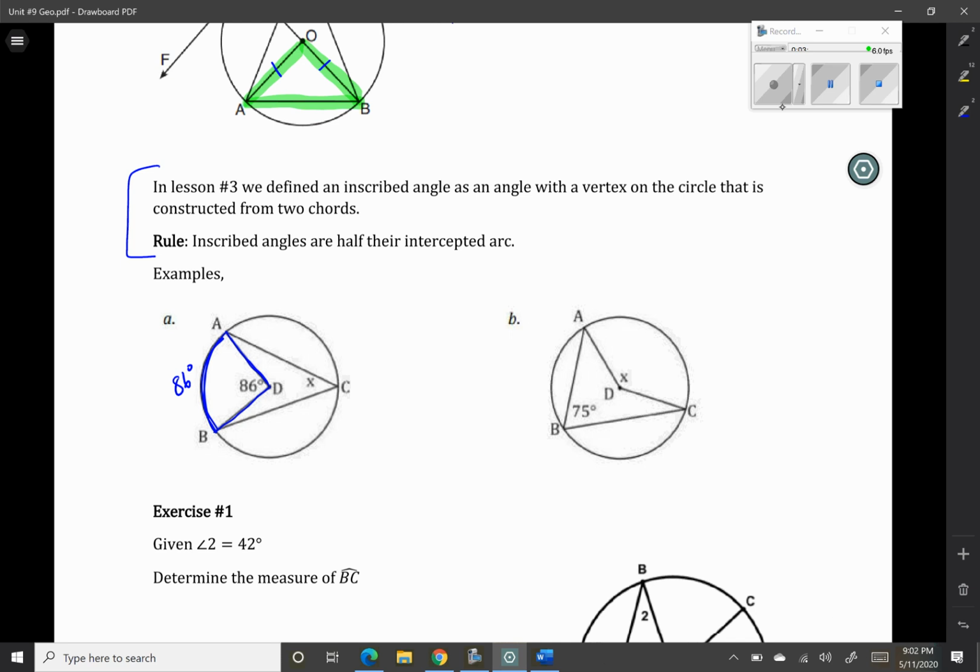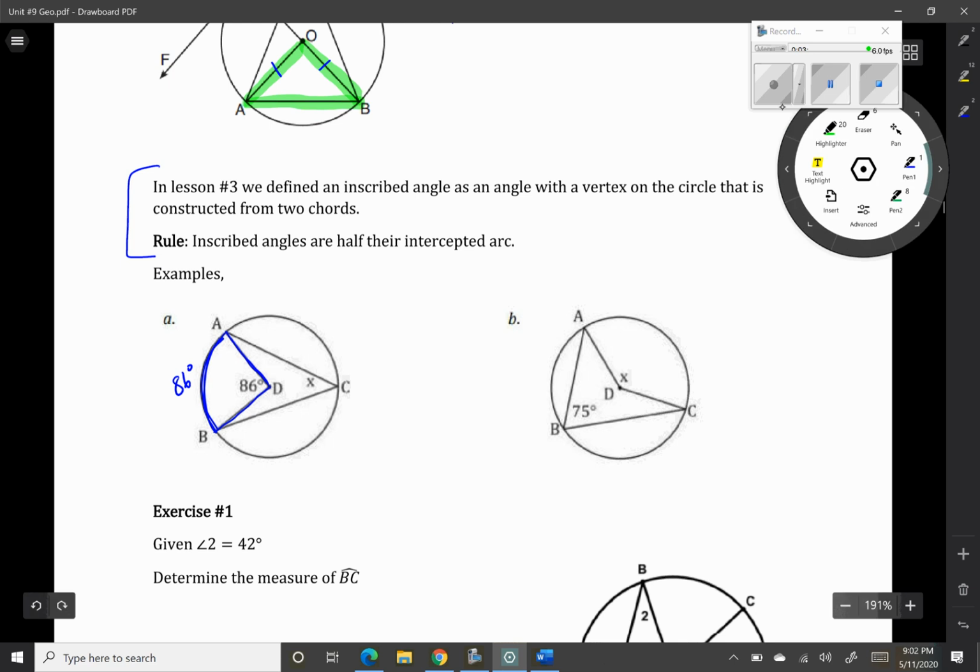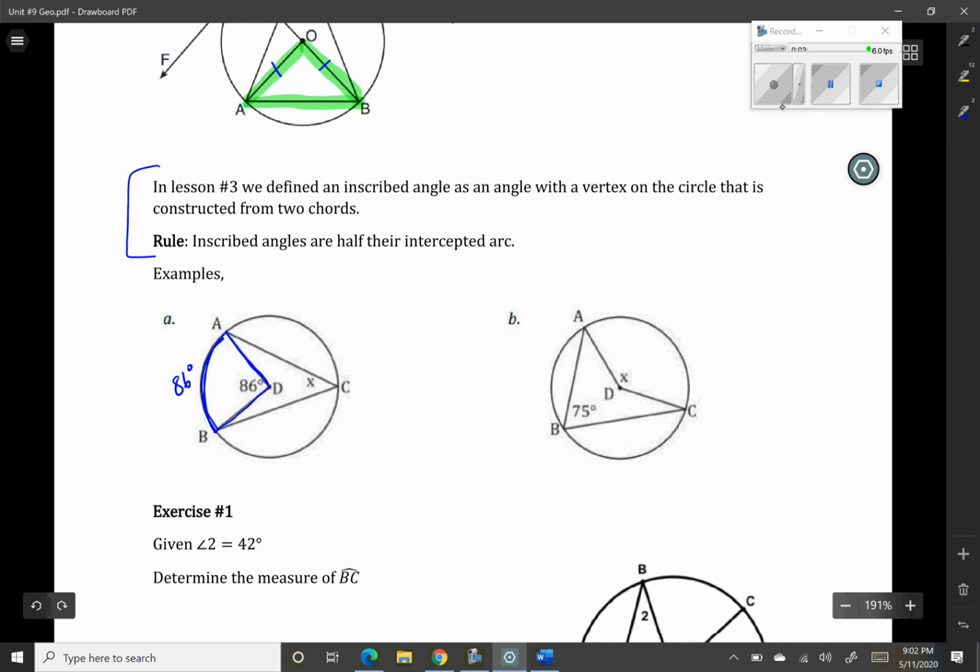Now, if arc AB is 86 degrees, that means we should be able to determine x. And if we're determining x, what we're able to see here is we are talking about an inscribed angle. The angle created by x is created by two chords, AC and BC. Now, the intercepted arc is the same exact arc. It's arc AB.